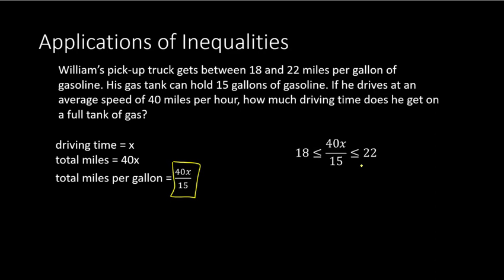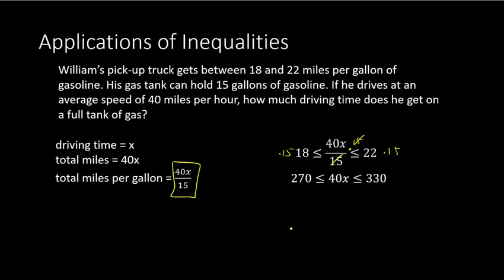And then from here we can solve this inequality. Once you have the setup, that's the hard part, we can use our information of how to solve inequalities to figure out your answer. We can get rid of the 15 by multiplying every part by 15.